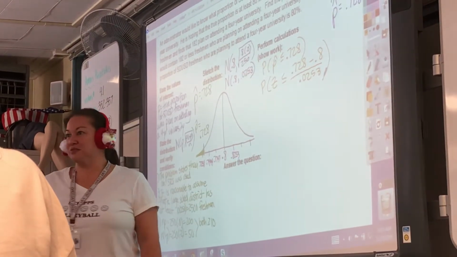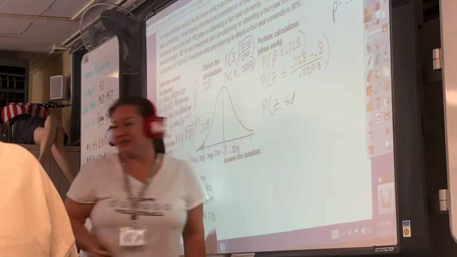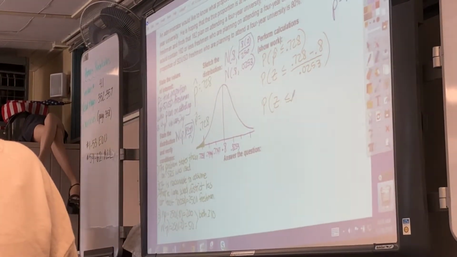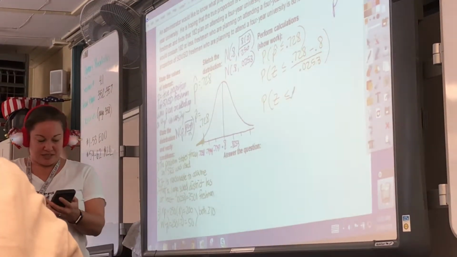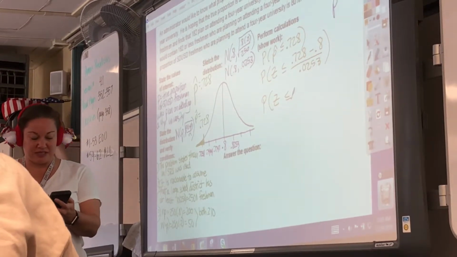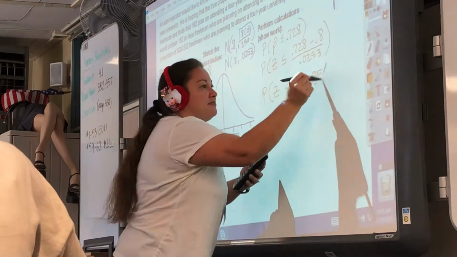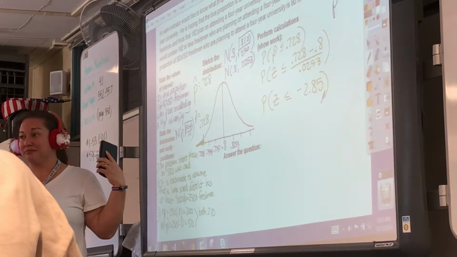All these numbers should look familiar. I'm going to figure out what that z-score is on my calculator: 0.728 minus 0.8 divided by 0.0253 is negative 2.85. So we are almost 3 standard deviations below the mean.